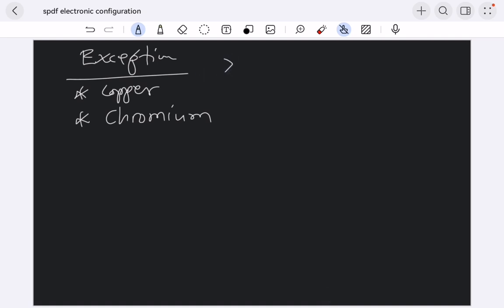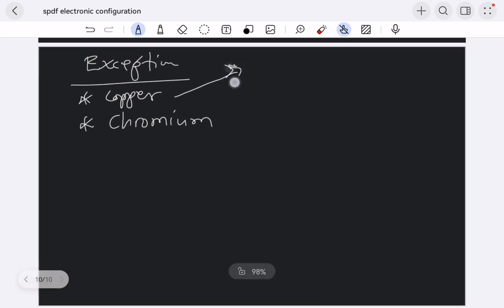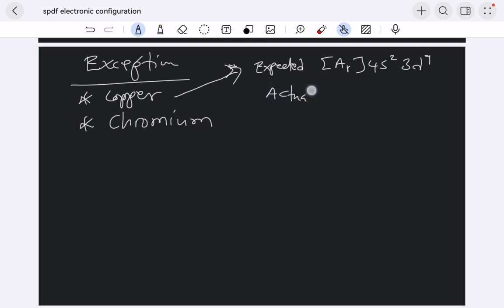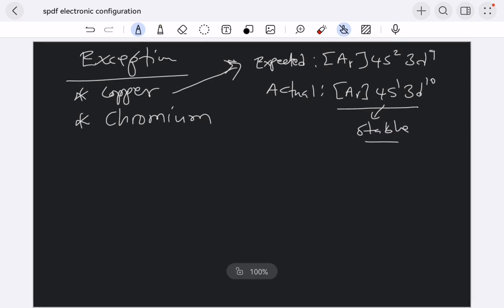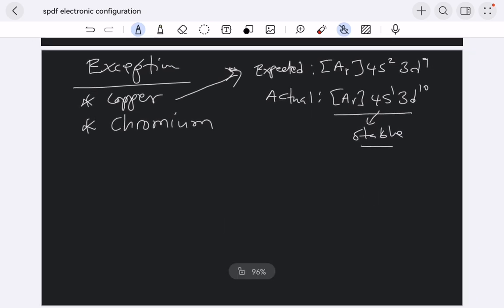For copper, the expected configuration, as a condensed formula, is supposed to be 4s2, then 3d9, but the actual configuration is 4s1, then 3d10. It happens that this one is more stable as a configuration compared to the other one.